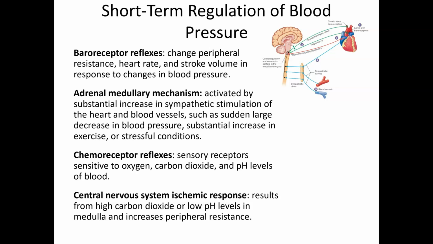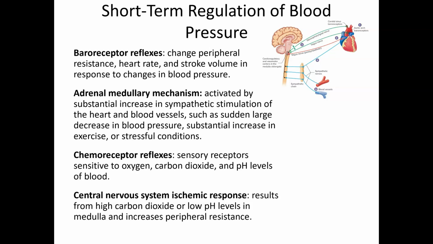So the way that they can make changes to our blood pressure is by changing peripheral resistance, heart rate, and stroke volume. Remember that we find these sensory receptors in the walls of our large arteries of the neck and the thorax, the carotid sinus, the base of our internal carotid artery, and also the walls of our aortic arch.